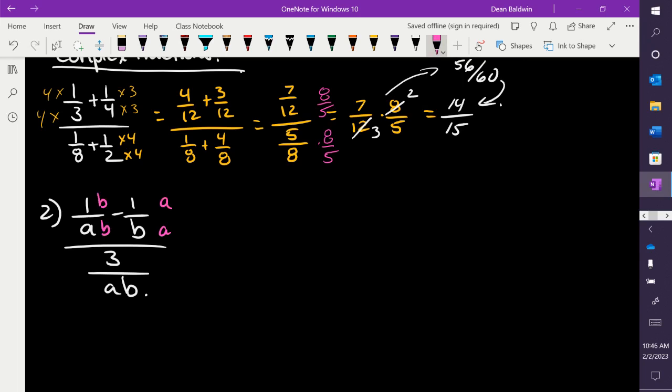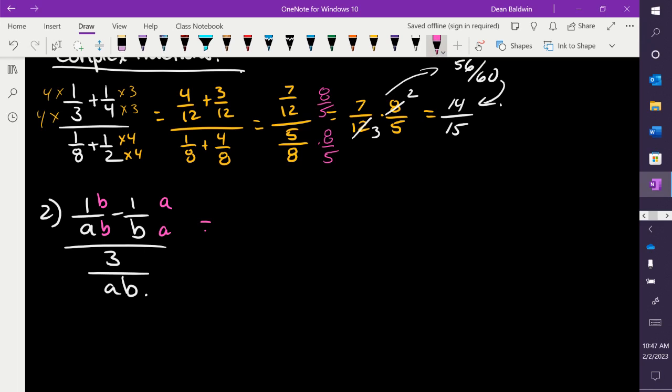What's the fast, quick, and dirty method that you would do? What's the fast way to do it? Just do it? Slam these together. That goes there, that goes there. That's the fast way to do it.